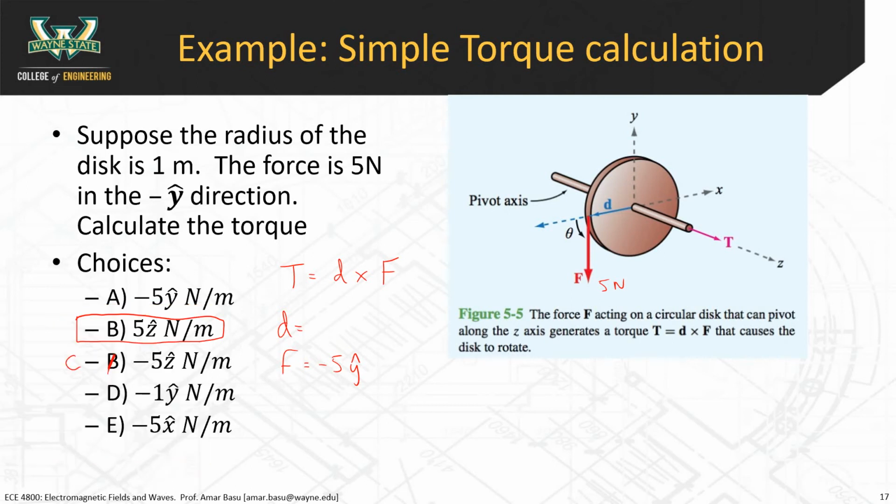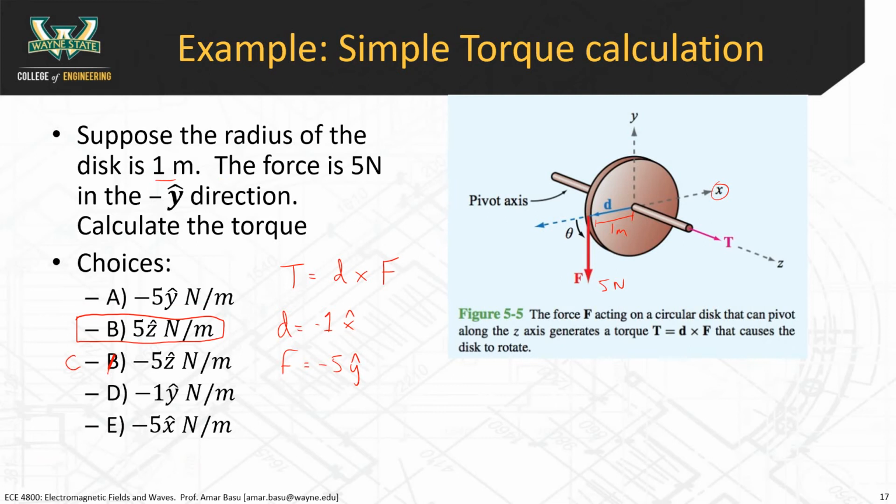So d, you can see that d is pointing in the negative x hat direction. So x is in this direction, d is pointing in the negative x hat direction. And the magnitude of d is the distance. So the distance here is 1 meter. And so we're going to say the magnitude is 1, and it's pointing in the negative x hat direction.